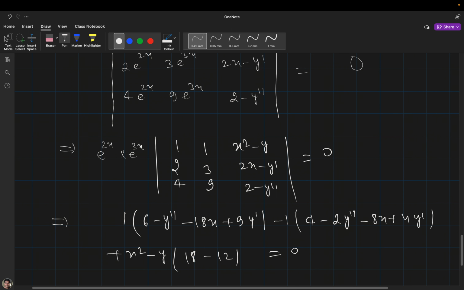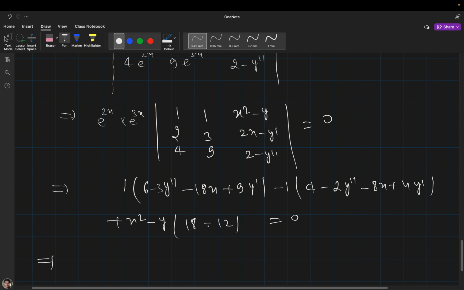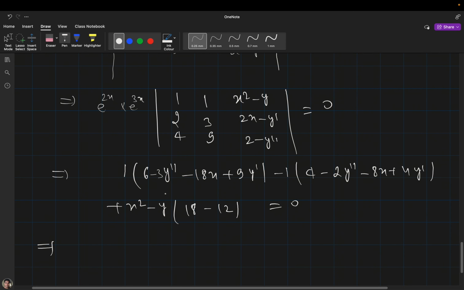No, if you multiply this, then it will be 6 minus 3y double dash. Yeah, thanks. Minus 3y double dash. Okay, so is everything correct after this?